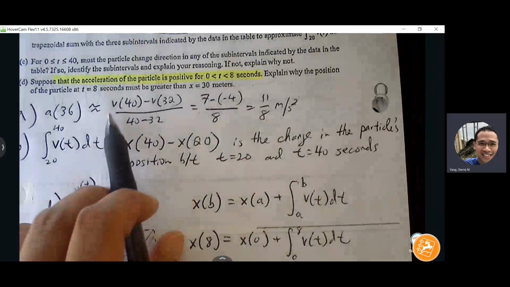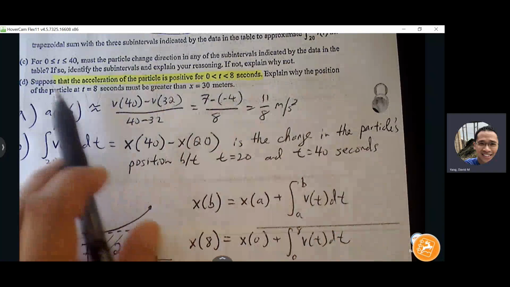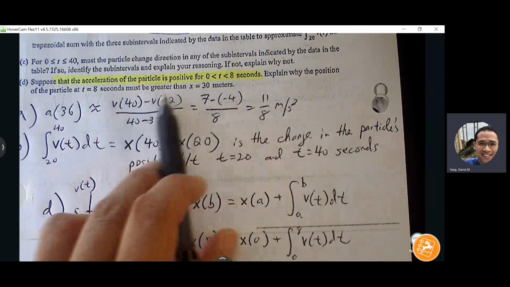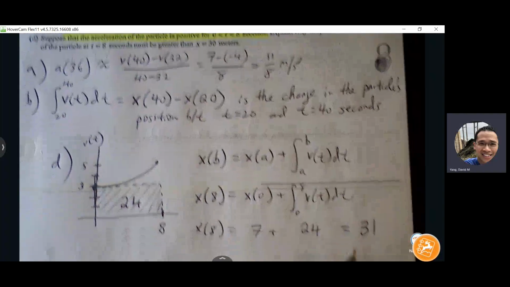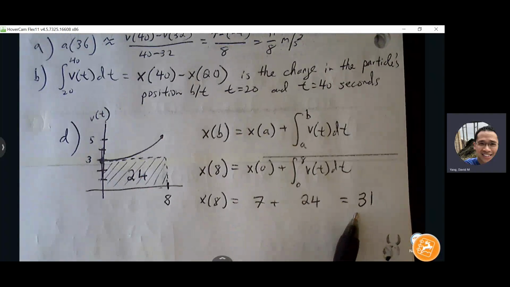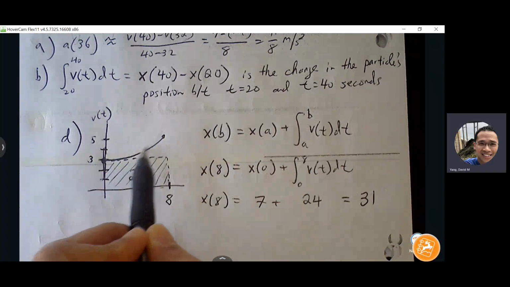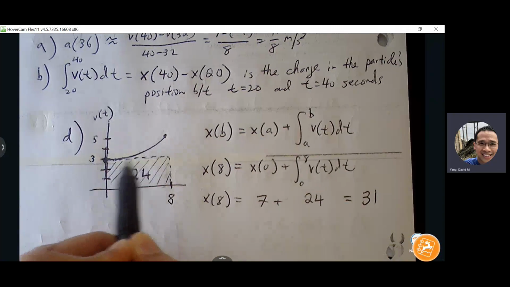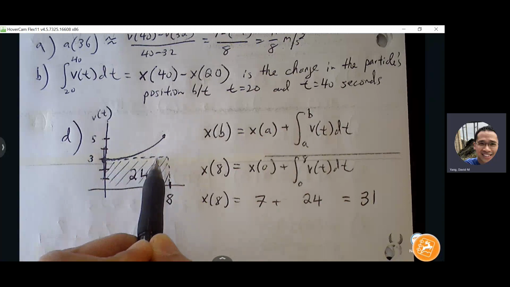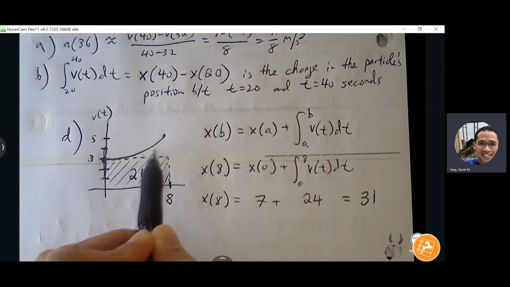So, explain why the position of the particle at t equals 8 seconds must be greater than 30 meters. Okay. And we know it has to be greater than or equal to 31 because we know that our velocity is always increasing and that the area under this velocity graph is at worst 31 and obviously more than 31.